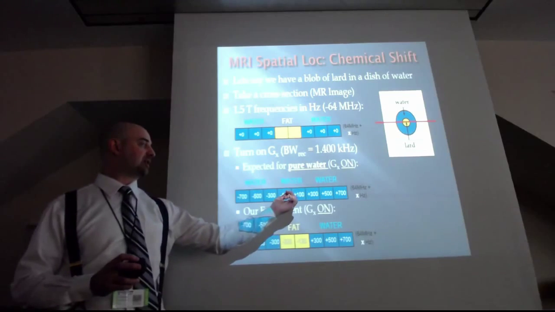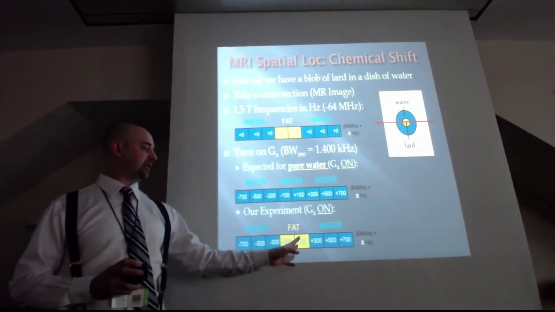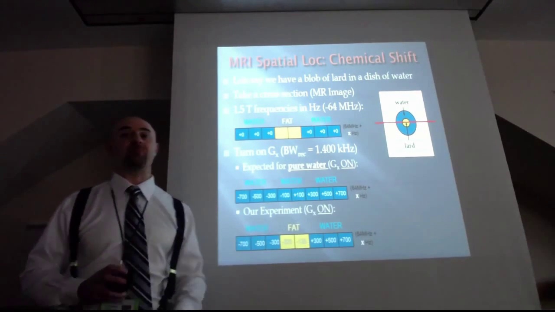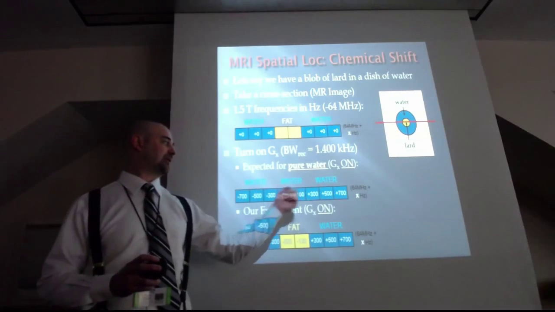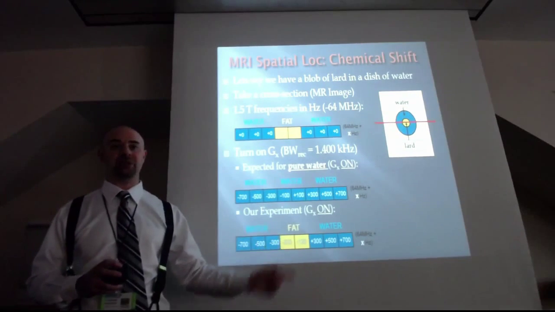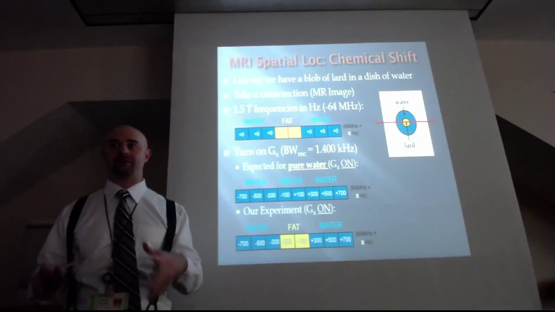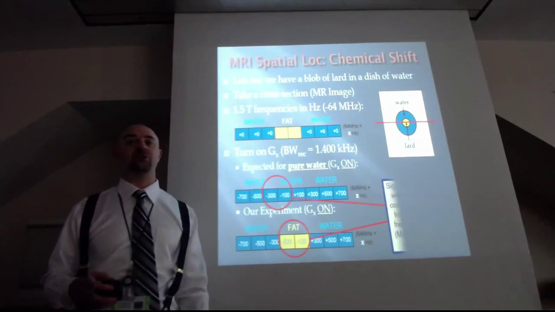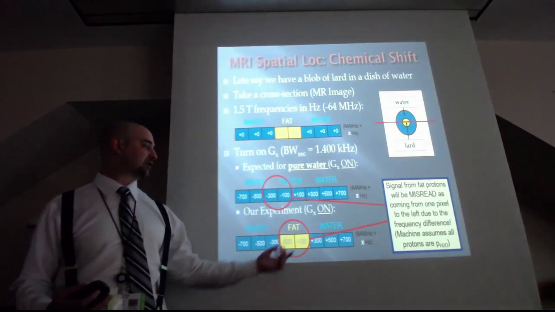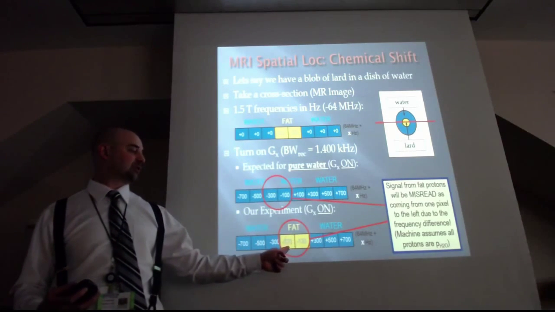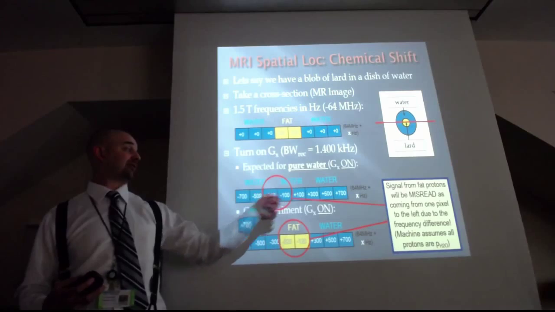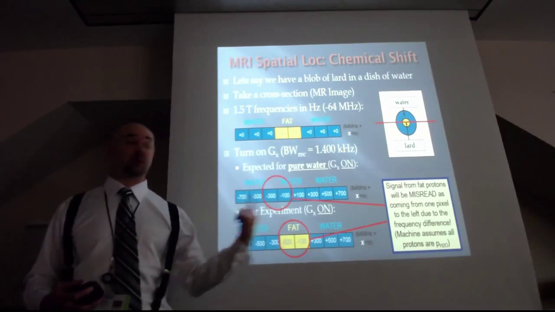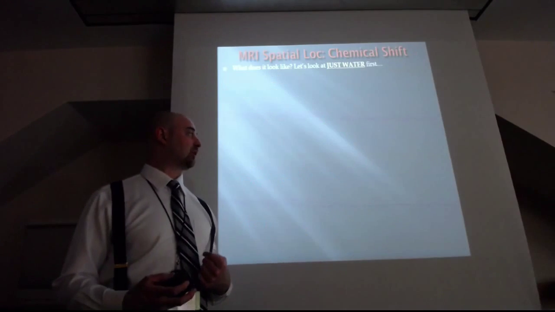Well, because these protons in the fat precess both as a result of the Gx gradient and because of fat's inherent difference in gyromagnetic ratio, causing it to oscillate at 220 hertz less, you're actually going to have negative 320 and negative 120, which look an awful lot like the pixels one to the left of them.